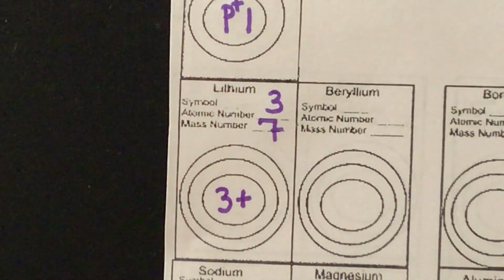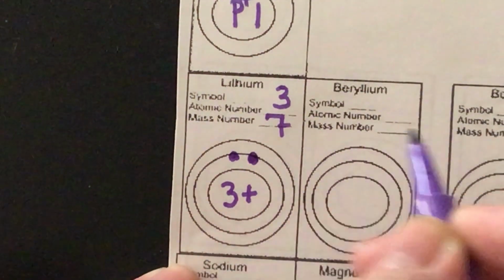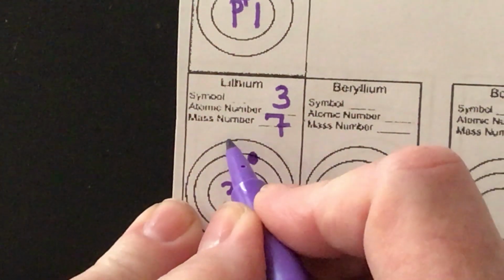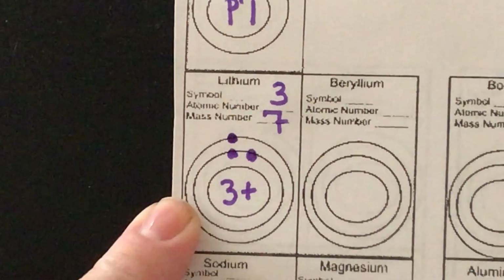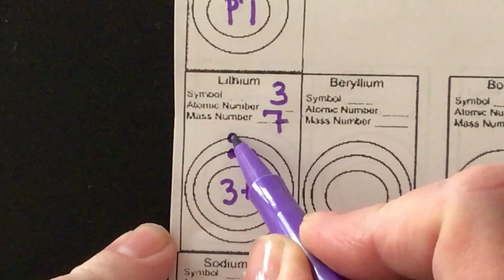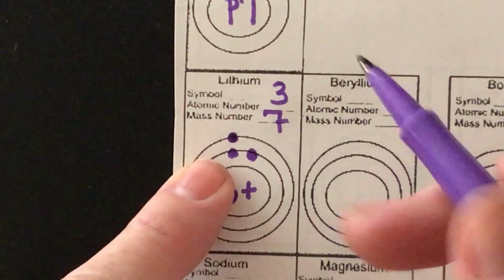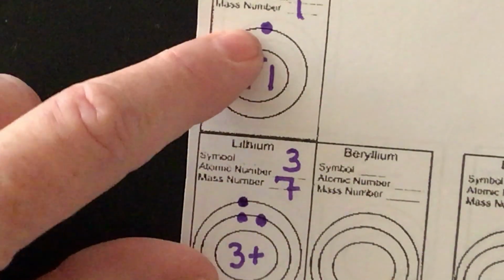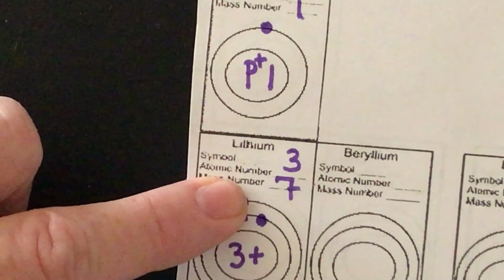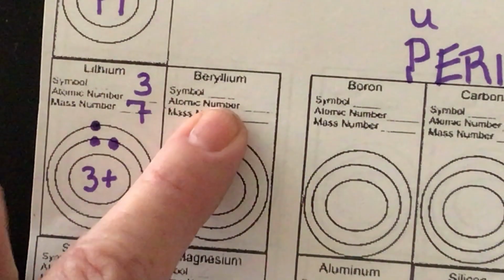How many electrons does it have to have? 1, 2. We can't squeeze another one in here. We have to go to the next orbital. So we're going to go 3. This outside orbital only has 1 electron, and we have a special name for that. We call it a valence electron. Do you notice that hydrogen also has 1 valence electron? 1 and 1.